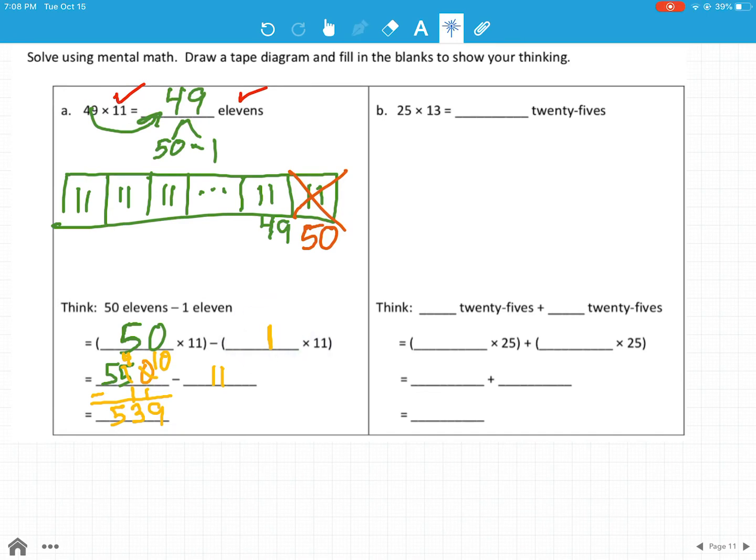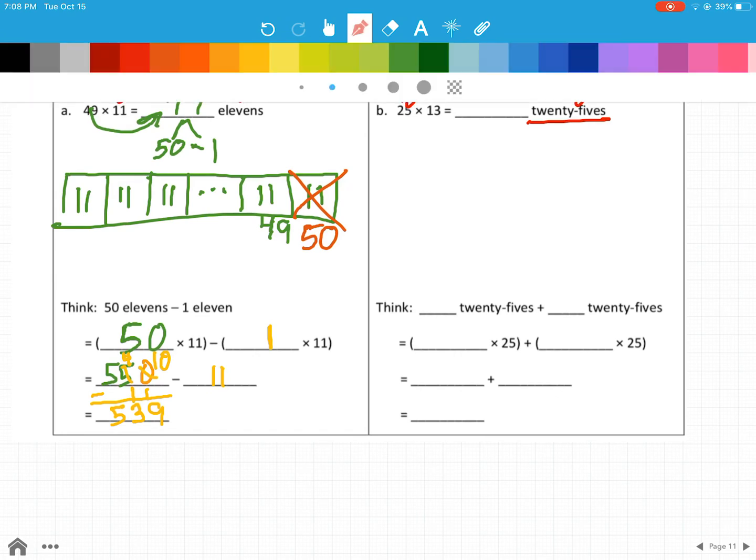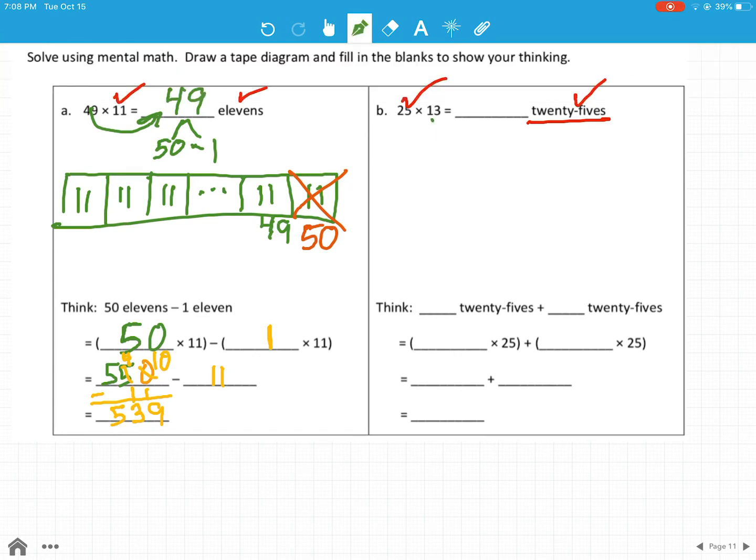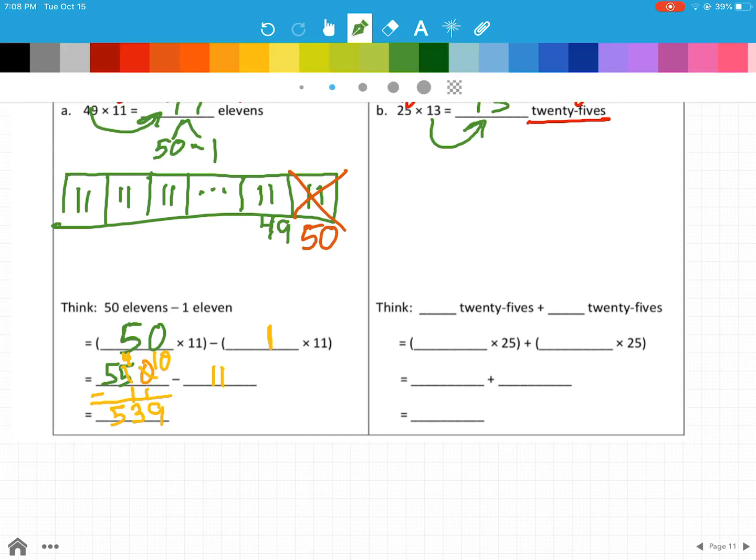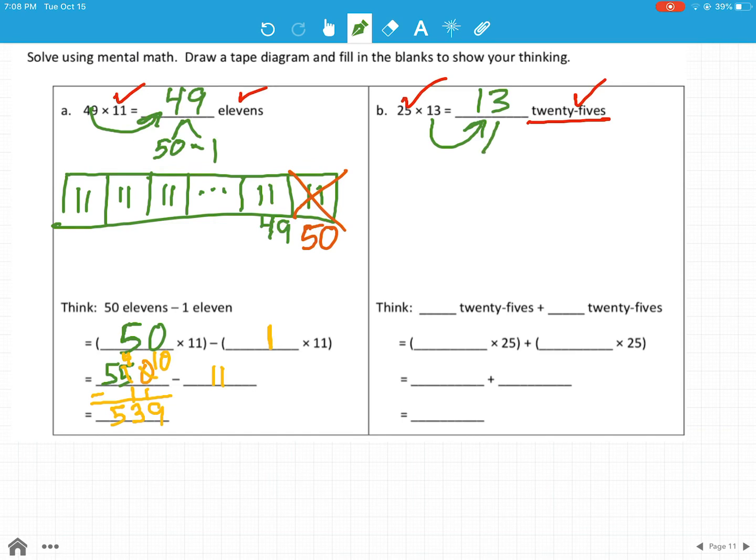Over here we're going to do a similar thing. We are going to check off what we have already. This is 25s, so that's this one. That's our unit, so now we're going to put the 13 in front. Okay, so we have to think, how can we break up the 13 to make some easy math?